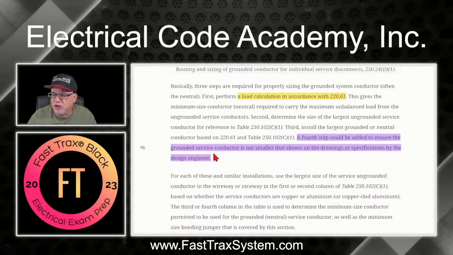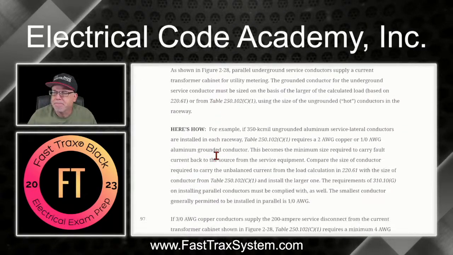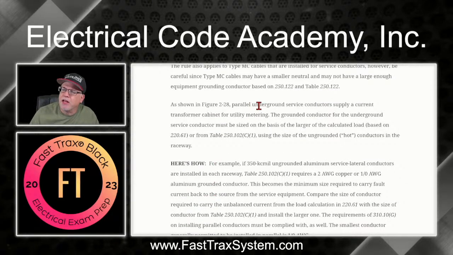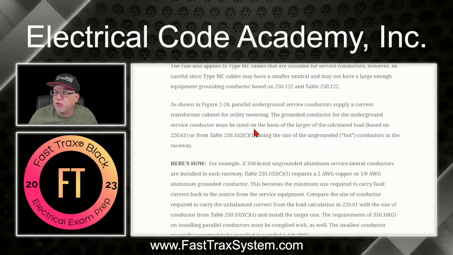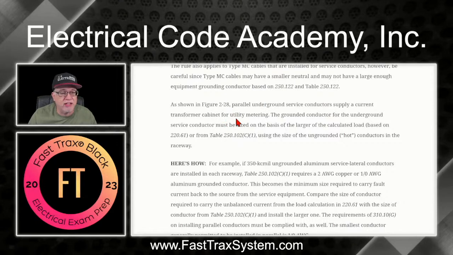As in this figure, okay, it says parallel underground service conductors supply a CT or current transformer cabinet for utility metering.